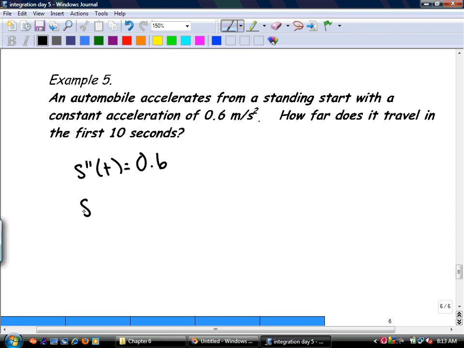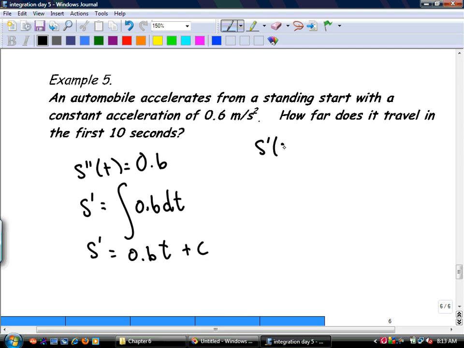How do you find s prime? 0.6 t plus c. Now, it accelerates from a standing start, so we know that its velocity at time t equals 0 is 0. And we know its position at time t equals 0 is 0 as well.